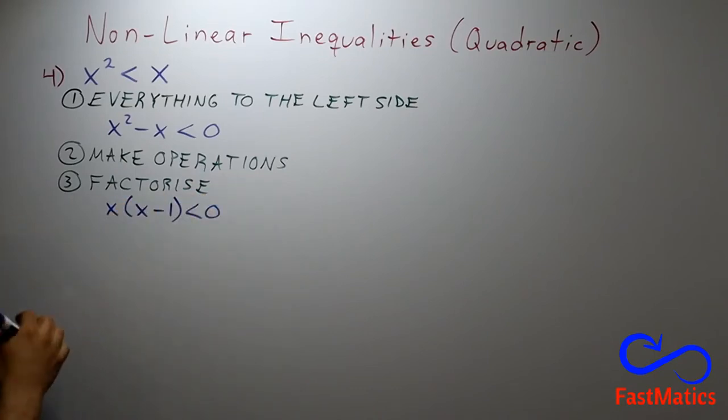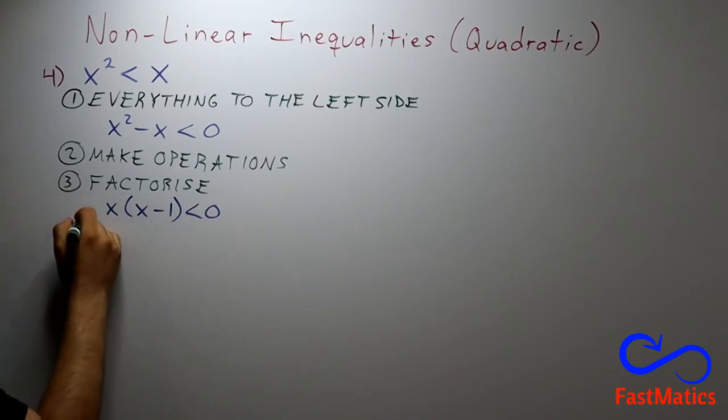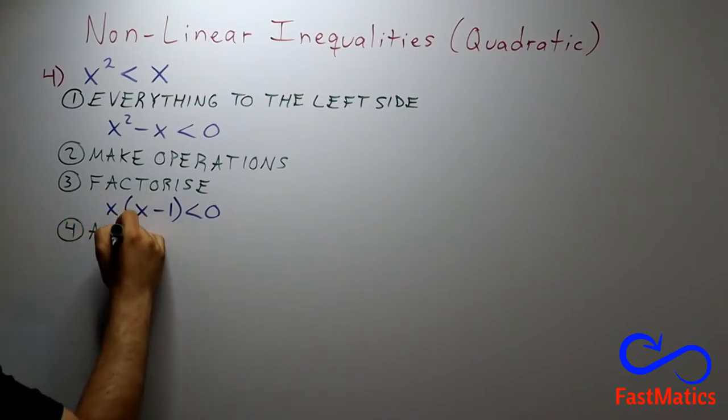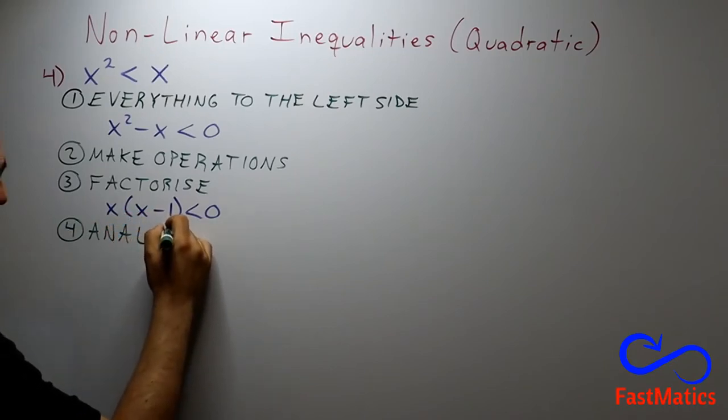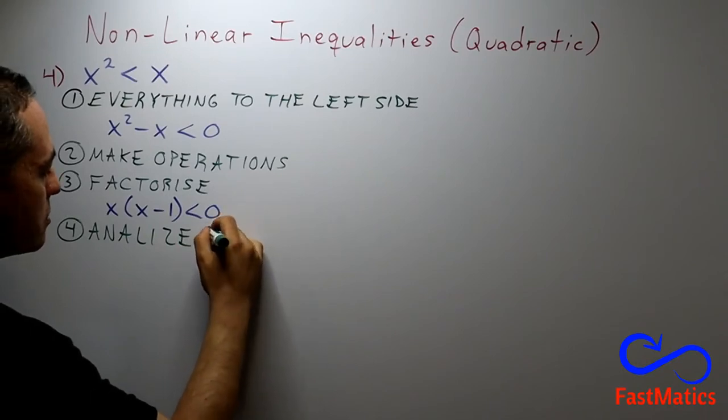And now pay attention. We change for another step that we didn't have before in the other method. So we write: analyze possibilities.